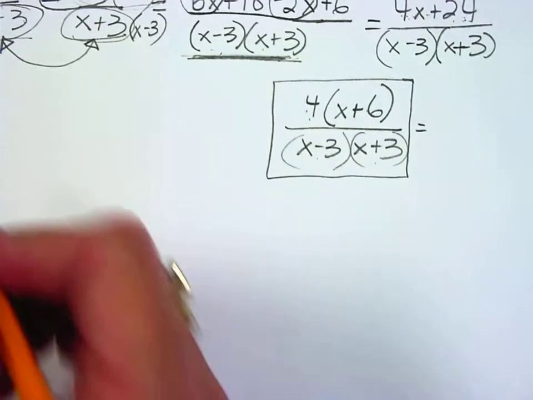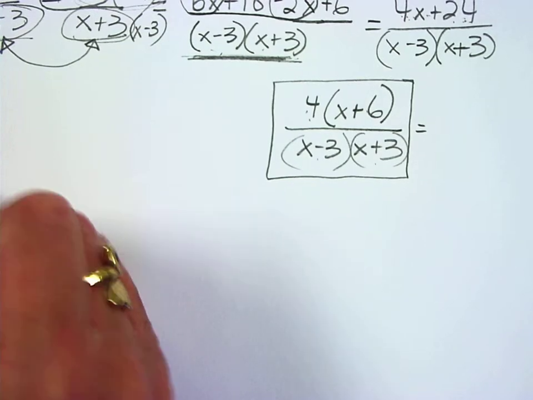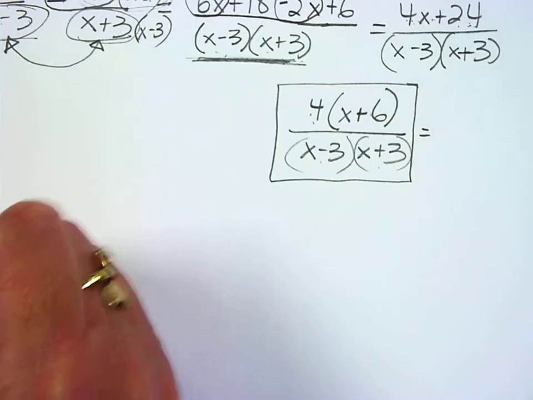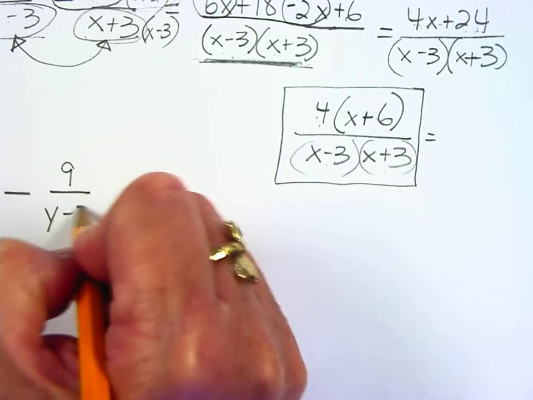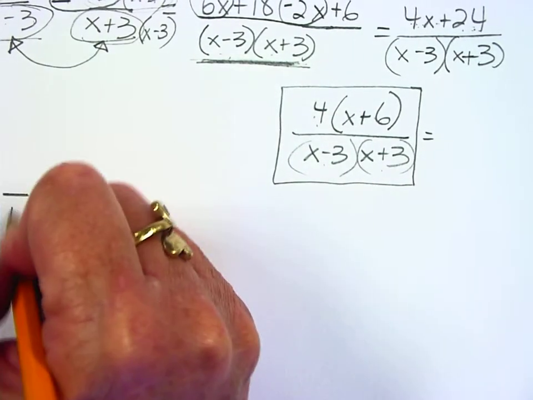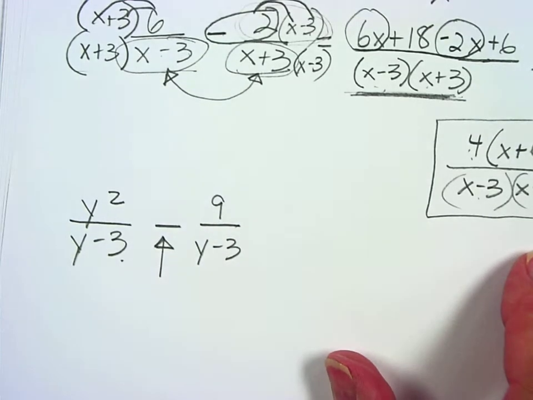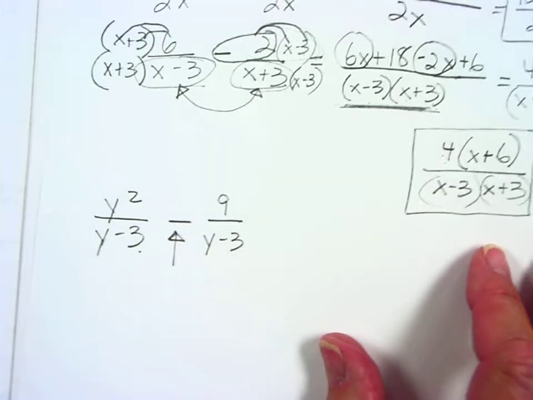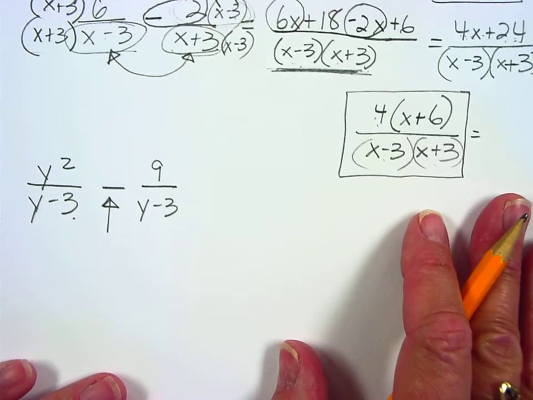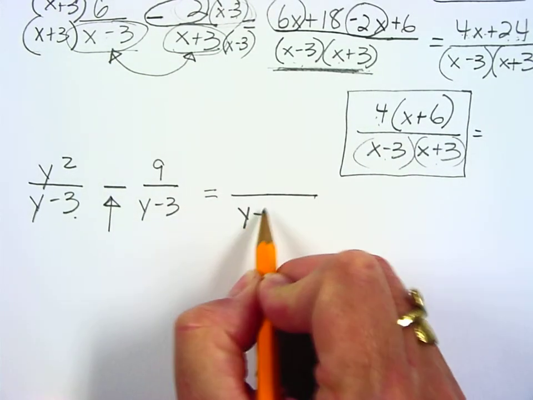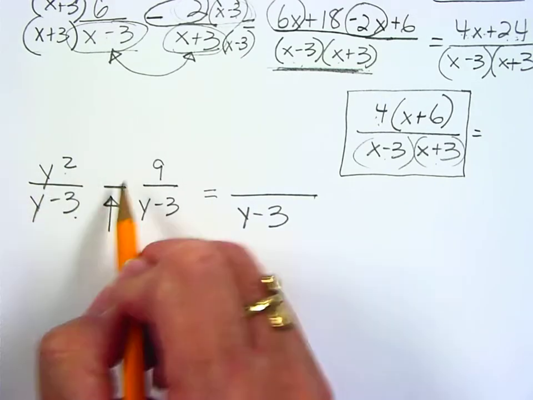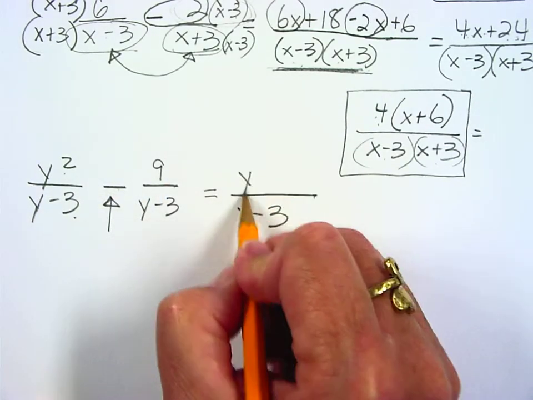Number 5, find the difference. y squared over y minus 3 minus 9 over y minus 3. I'm subtracting. Do I have a common denominator? Yes, I do. My common denominator is y minus 3. So I'm going to take y squared and I'm going to subtract 9.